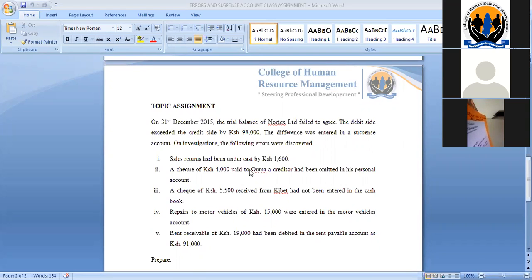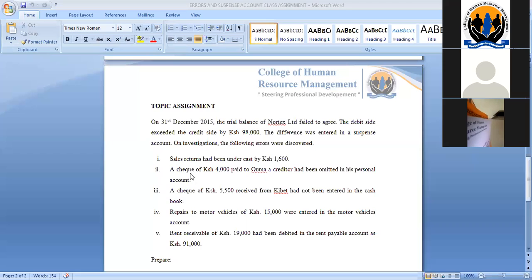So Ouma was supposed to be debited because we are reducing the debt that we had entered on the credit side by 4,000. Having understood that, you are told it had been omitted in his personal account. Ouma's account was not recorded with the 4,000. So the omission was in the personal account of Ouma. That is what you need to remember here.